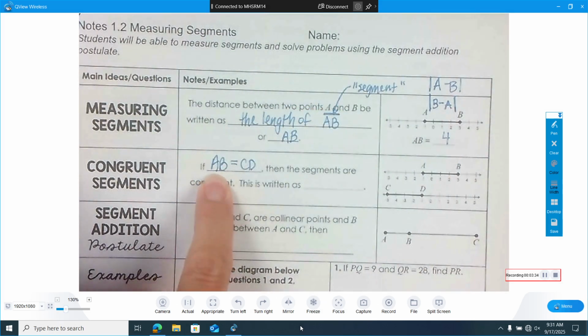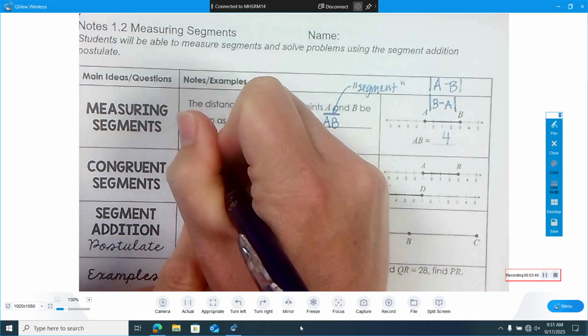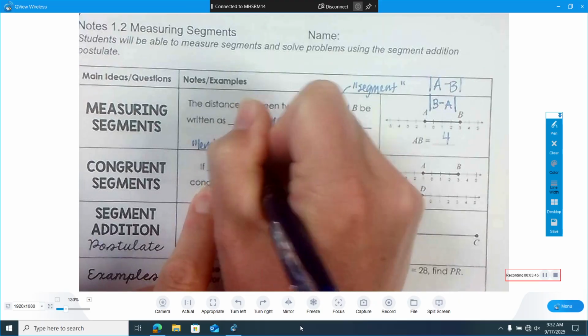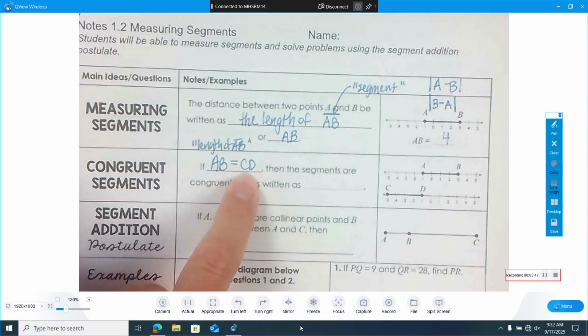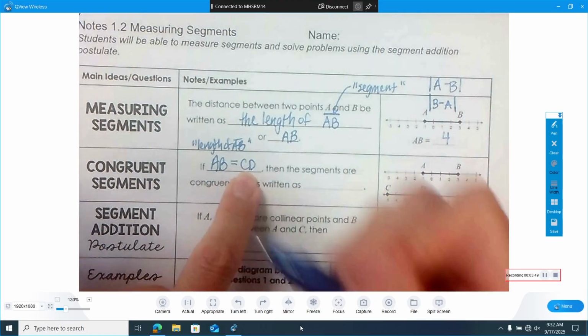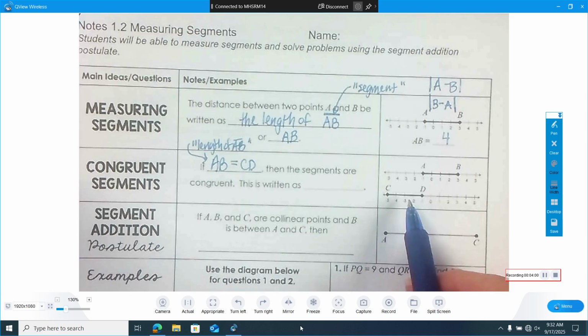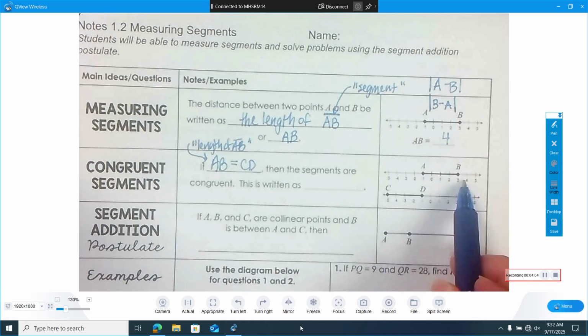All right, so in this particular picture, AB is equal to CD. Again, this is all notation, so there's no segment bar above it, so we're talking about the length of segment AB is equal to the length of segment CD. We have to learn this whole language here. If the length of segment AB is equal to the length of segment CD, are they?